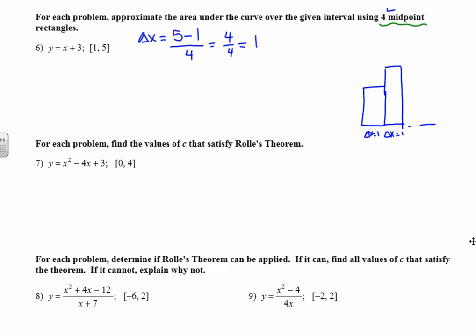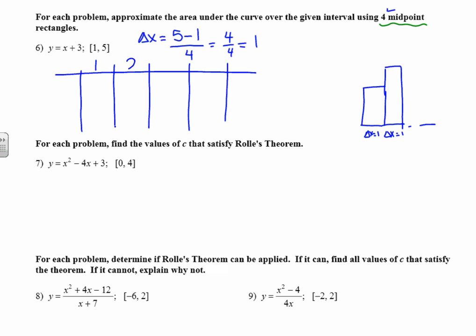Midpoint wise, okay, this will be interesting. I think I'm going to do a chart. Just trying to think of the best way to lay this out for you. So this is value at 1, 2, 3, 4, and 5.